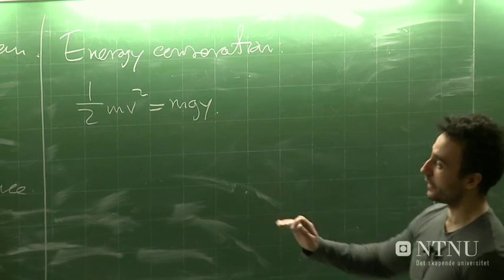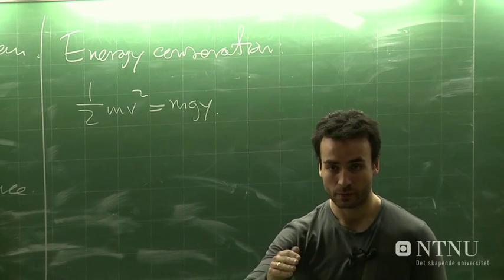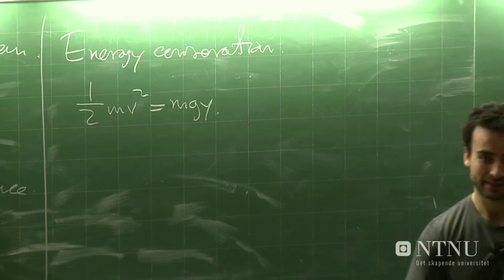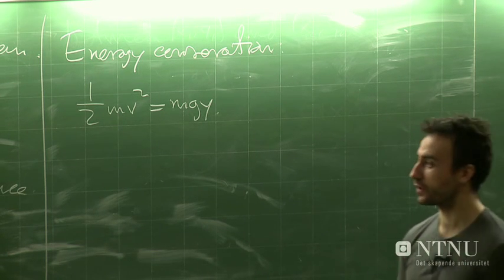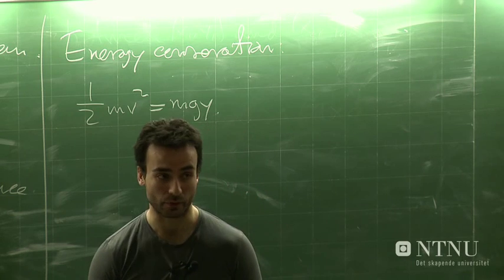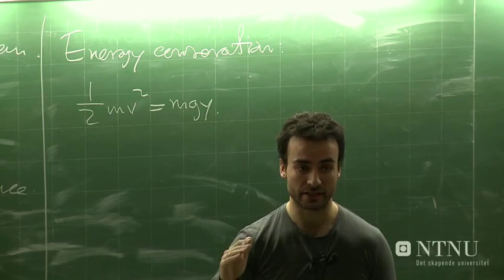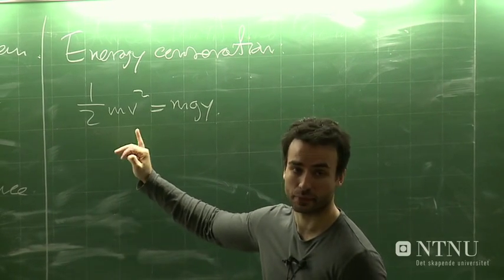Okay, a clue. For energy conservation, I'm equating the energy before in point 1 with the energy after in point 2. So I'm saying kinetic energy plus potential energy. Yes? Starts with no velocity. Yes. The velocity in point 1 to begin with is 0. So I'm basically saying the particle only has potential energy to begin with at point 1, and everything is converted into kinetic energy at point 2.